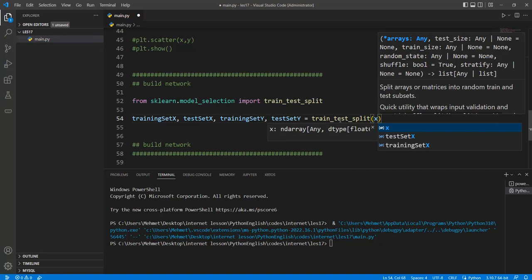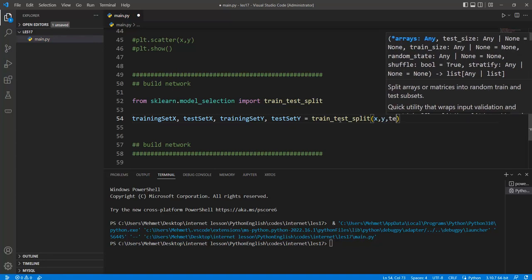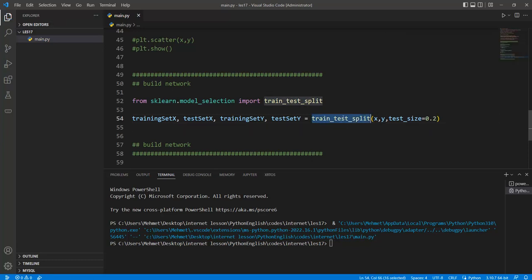X is the input, y is the output, and test size should be equal to what? 0.2. And so this train_test_split function generates the four outputs: training set x, test set x, training set y, and test set y. By using the input x parameter, y output parameter, and test size is equal to what? 0.2. What's the meaning of this?